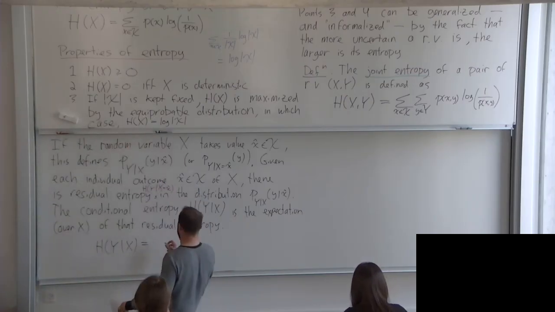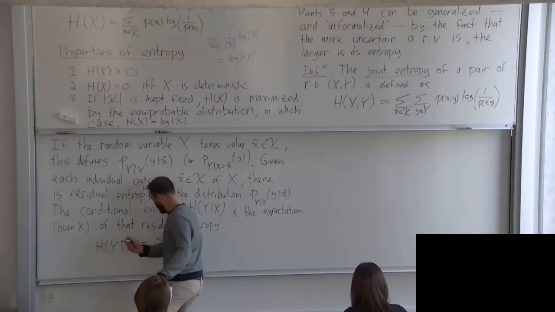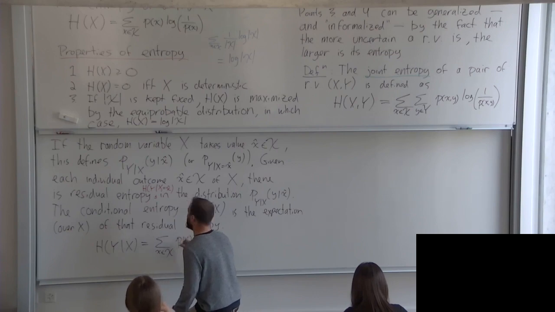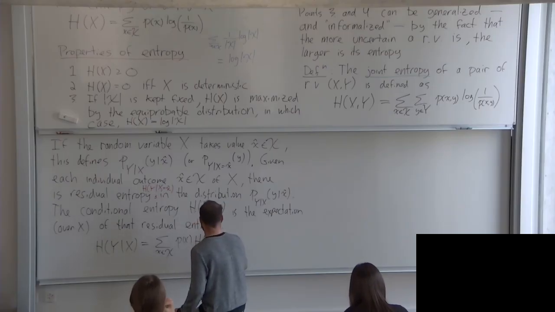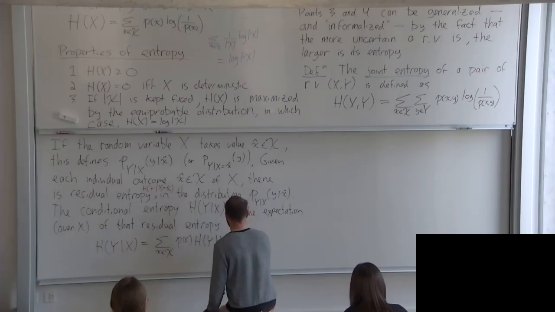So I'm averaging over x of p of x, that's the expectation value of the residual entropy. So let me just write it. H of y given the random variable x equals little x.